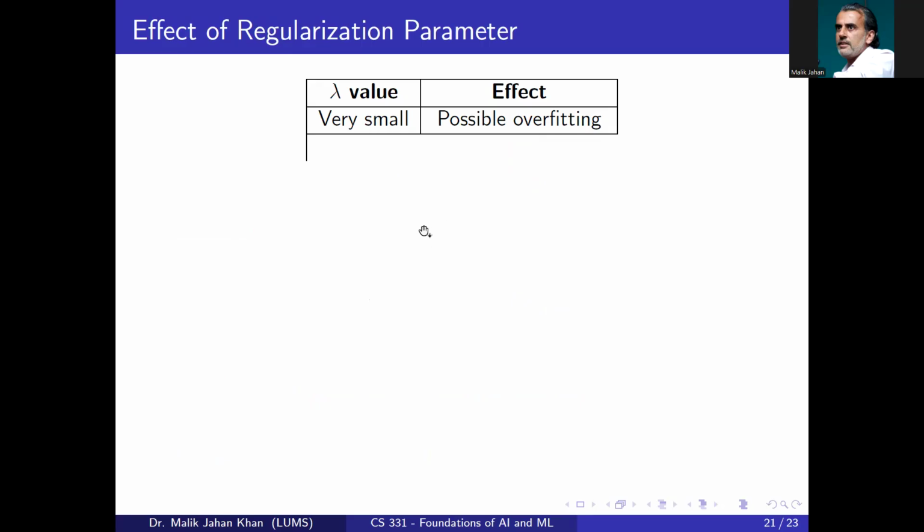When it is very small, what does that mean? That means that it is very minutely tuning the parameters using the training data set, so it may possibly lead to overfitting.